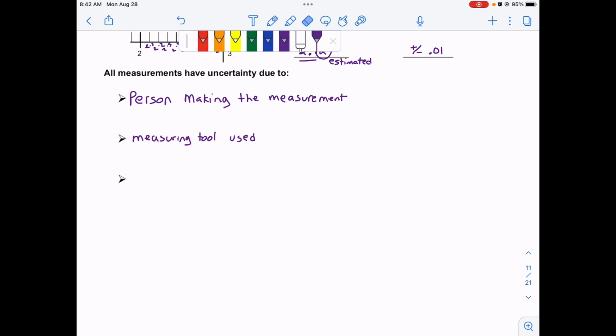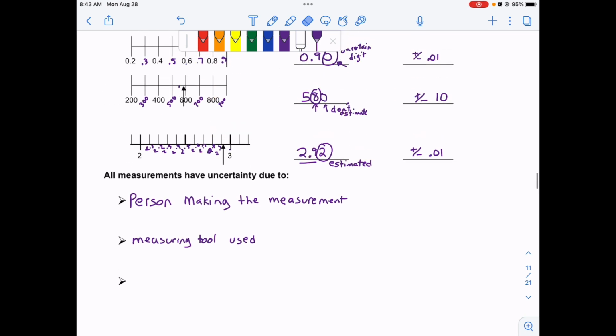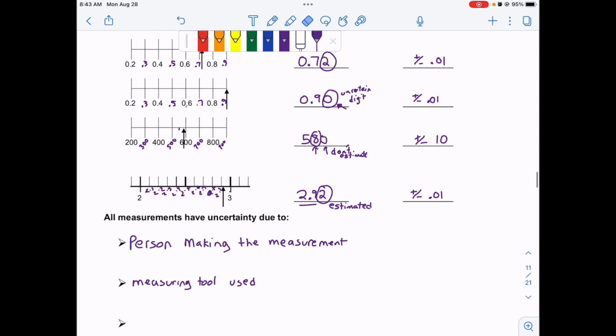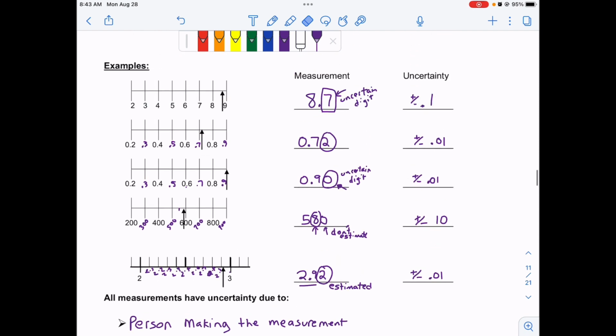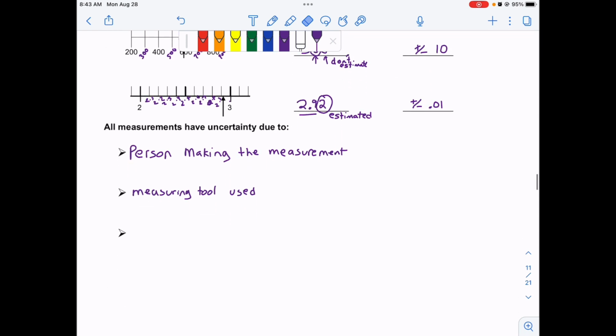Some of them have marks to the 1/16 of an inch. Some measuring tools mark 1/2 centimeter, but they don't mark the millimeters. Some mark only a centimeter and not in between the centimeters. So that's going to decide that. We actually saw that up here where some of them have marks in between and some of them don't. So it depends on the tool that you're using.